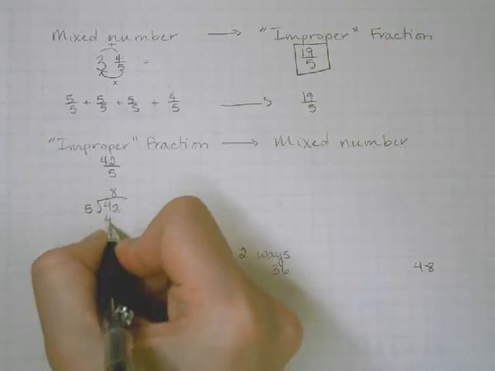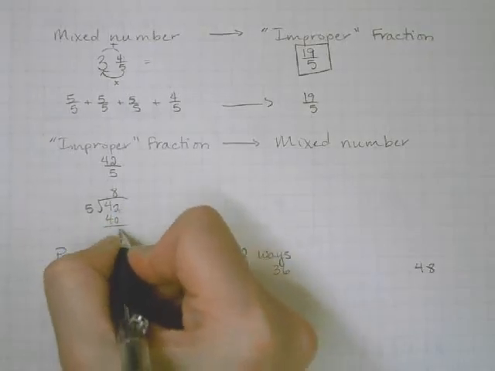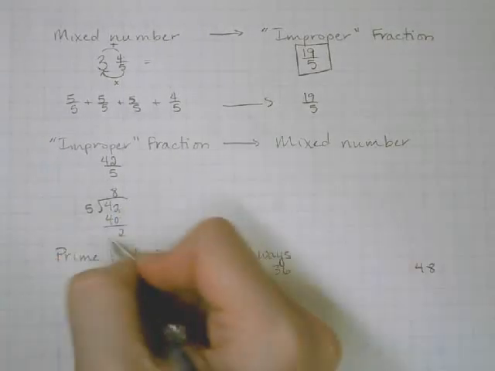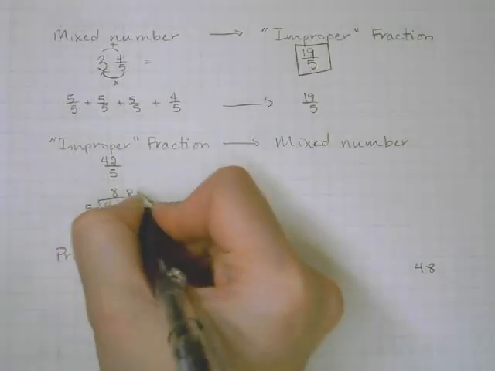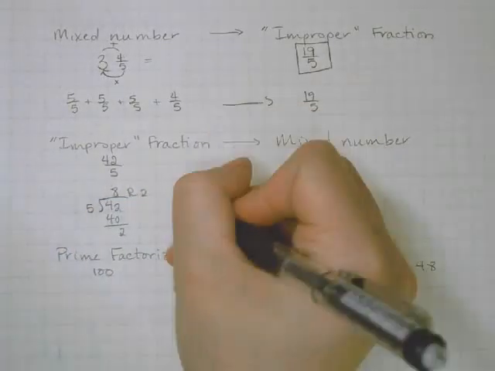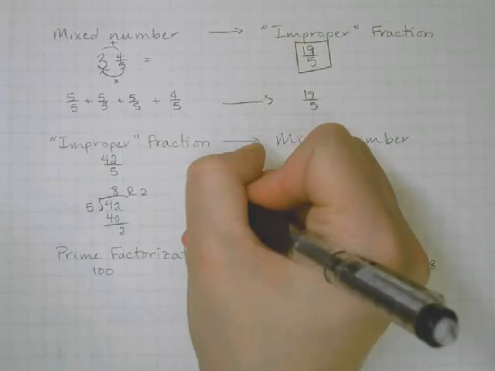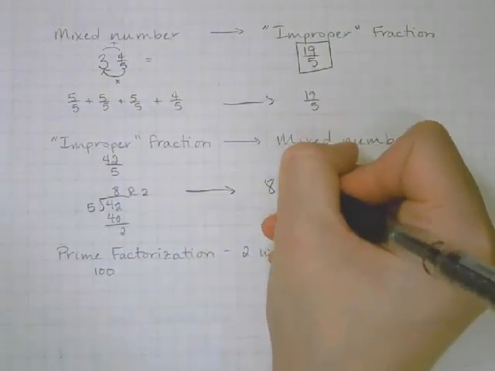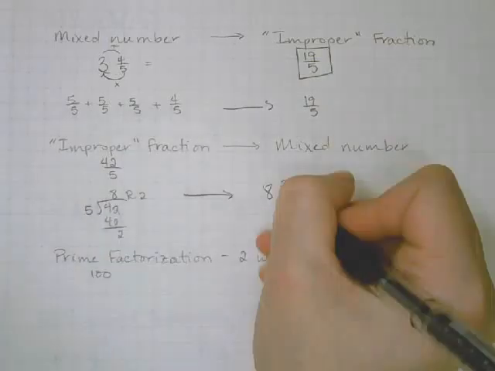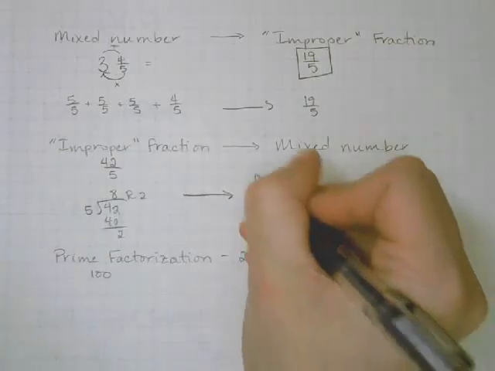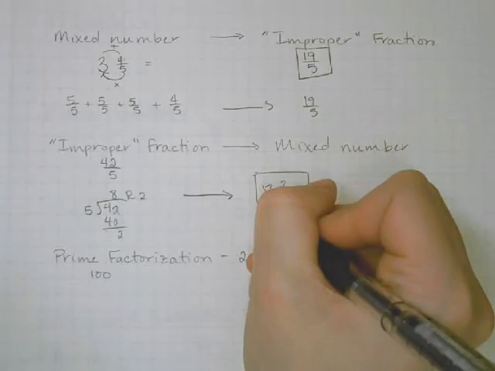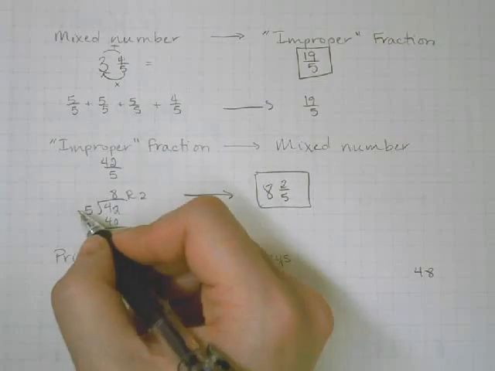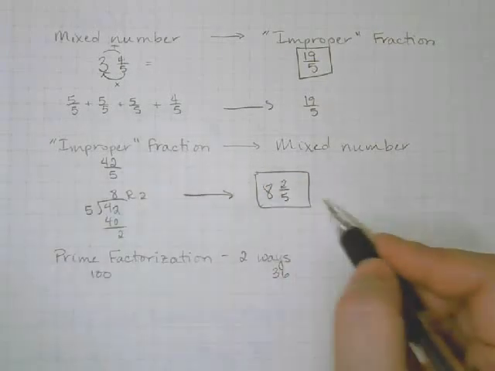So 8 remainder 2. So when you convert that, 8 is your whole number, and you have 2/5 left over. As I mentioned before, though, I don't really want you to convert things to mixed numbers. I want things in the improper fraction form. So stick with that, and you'll be good.